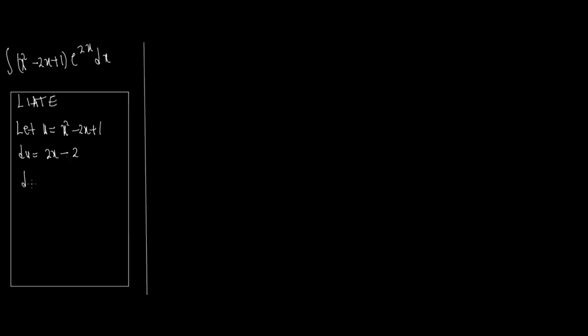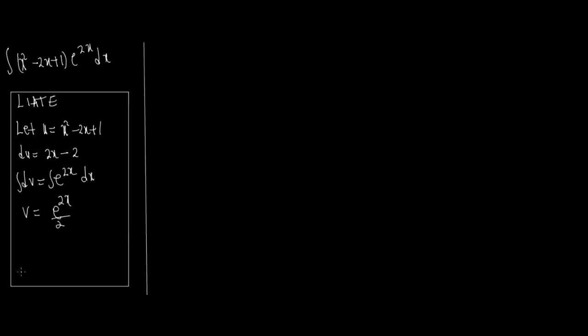So dv will be equal to e to the 2x dx. So the integral of dv will be equal to the integral of e to the 2x, which is e to the 2x divided by 2.